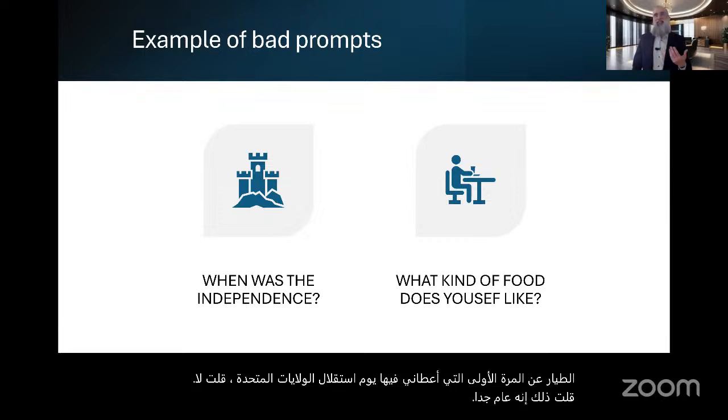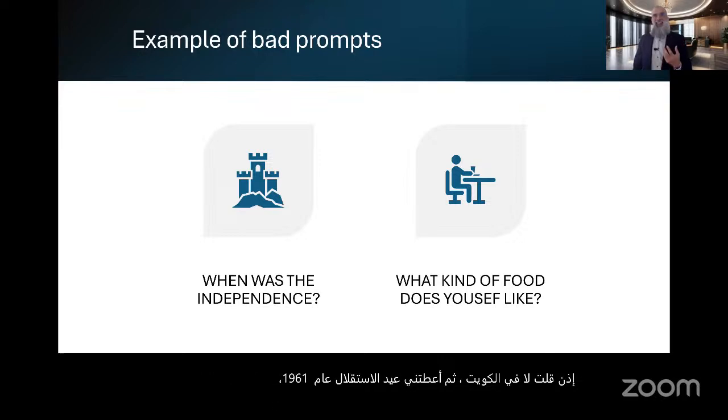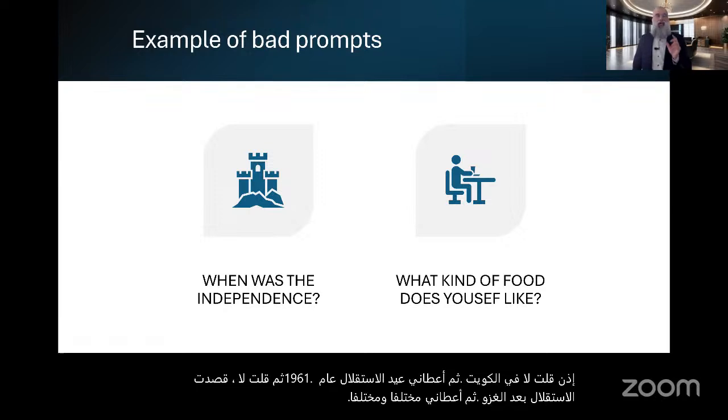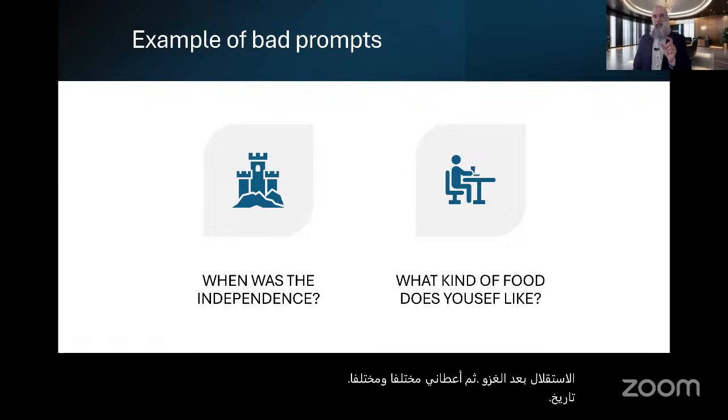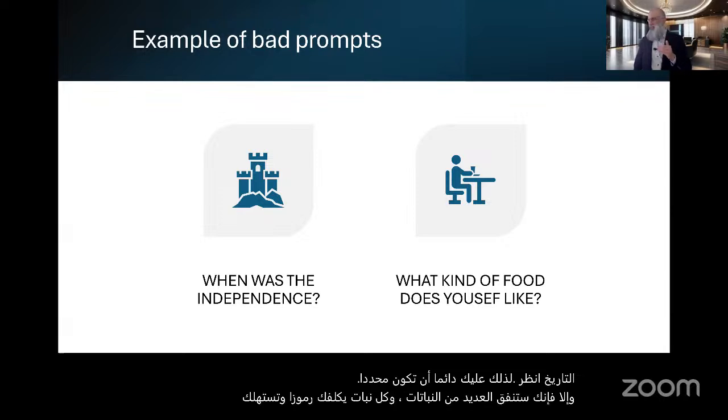Then it gave me the Independence Day of 1961. Then I said no, I meant the independence after the invasion. Then it gave me a different date. See, you always have to be specific. Otherwise you're going to spend many prompts, and each prompt costs you tokens, and you consume your points. Hence, you have to be precise. So these are examples of bad prompts.